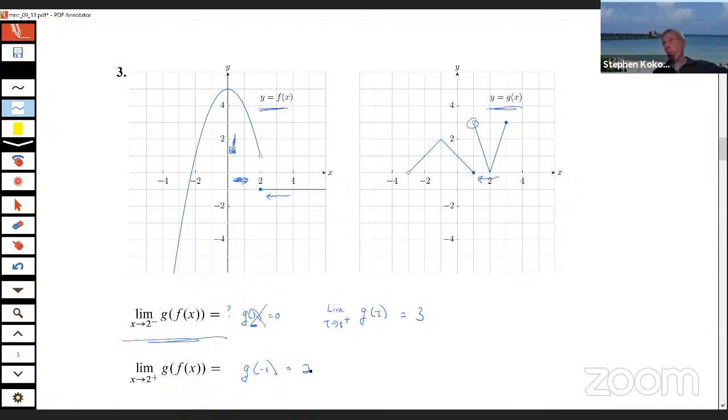Is that okay to do? And the answer is yes, because this function g is continuous at -1. So that's a really good question, which emphasizes this idea of how we take the limit of a composition of functions.